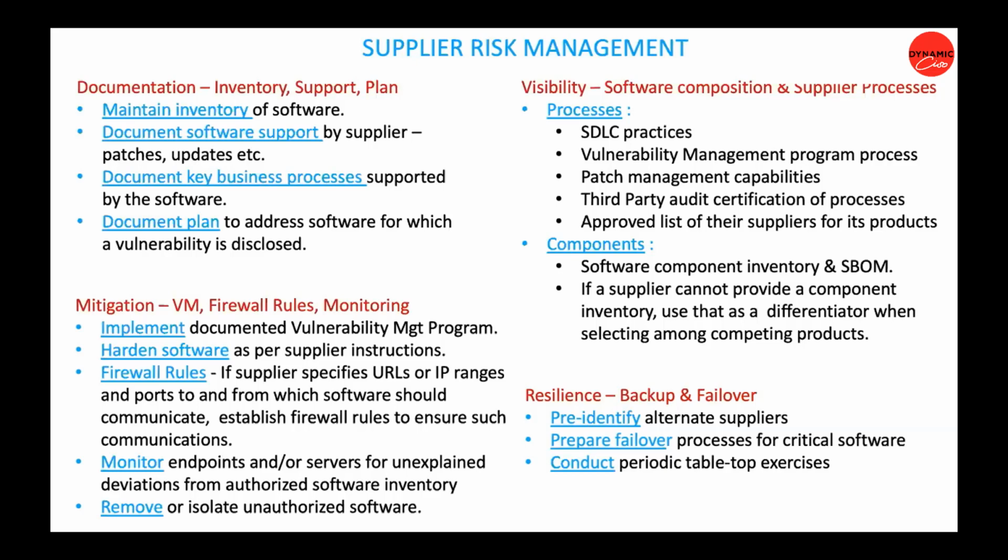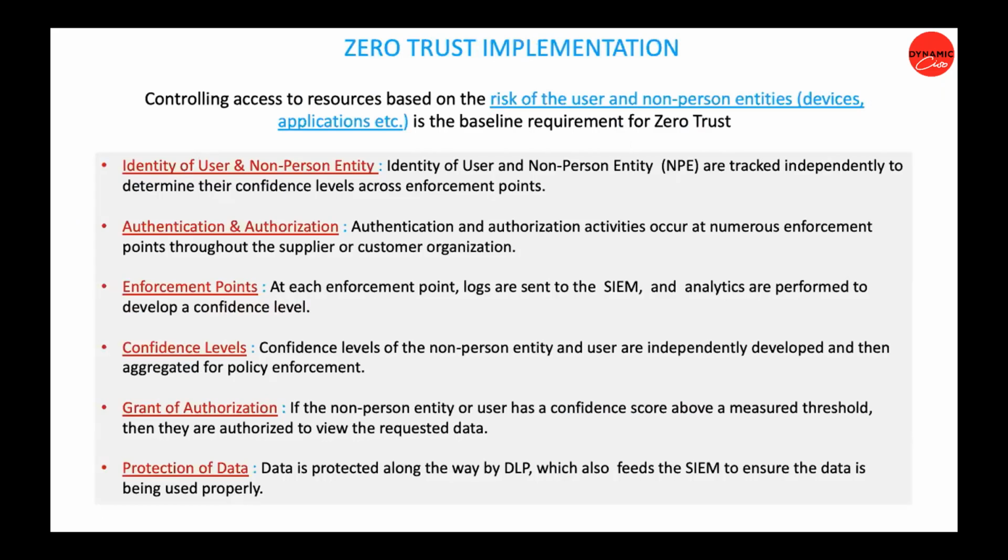Then zero trust implementation. I don't need to go into this. All of you are well aware of what zero trust implementation is. But two important things: create your macro and micro segmentations, and each of those segments should have an enforcement point.